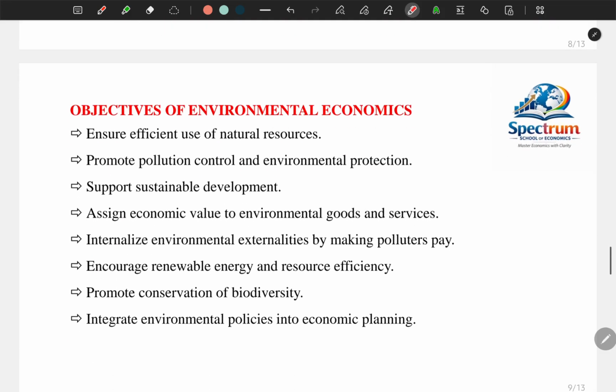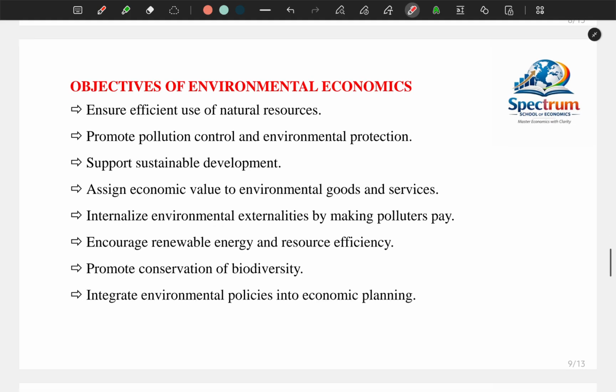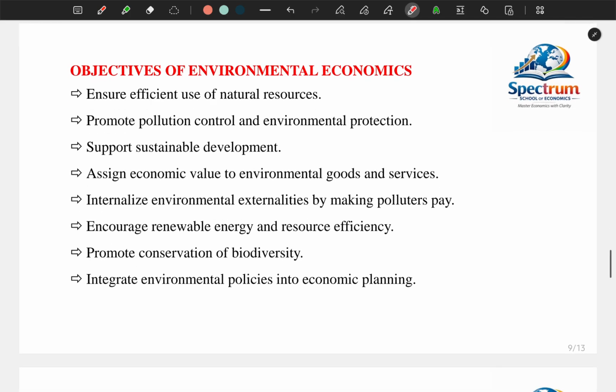Then objectives of environmental economics. Here it ensures efficient use of natural resources, and it also promotes pollution control and environmental protection. Environmental economics supports sustainable development and assigns economic value to all environmental goods and services which are available in the environment.